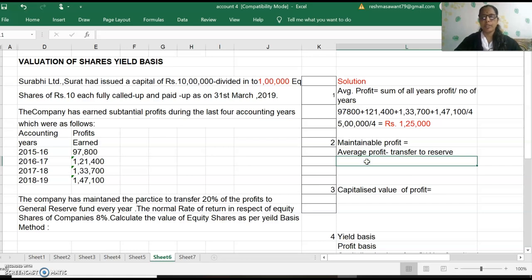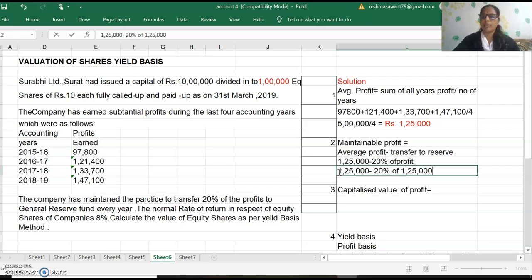The average profit is calculated according to your step number 1: 1,25,000 less 20% of profit, that is 1,25,000 minus 20% of 1,25,000.